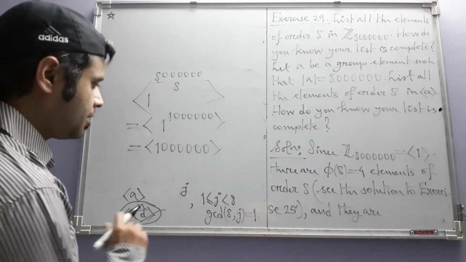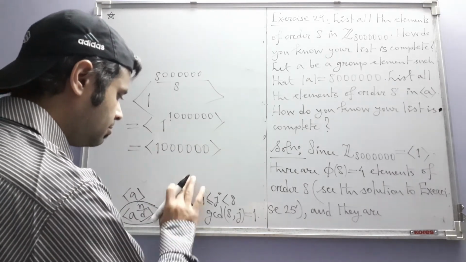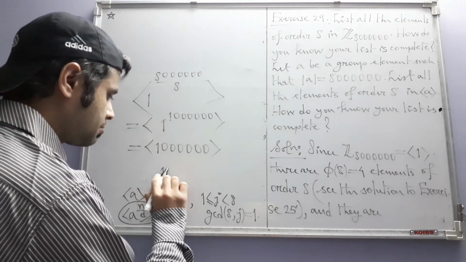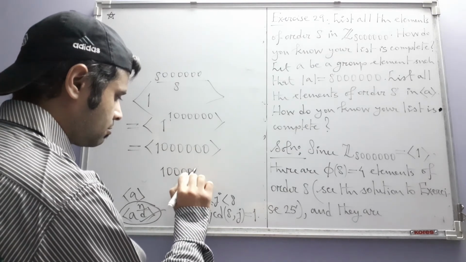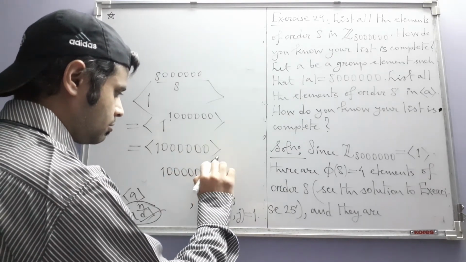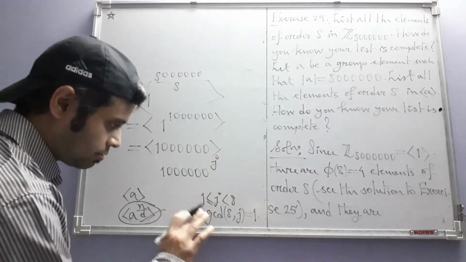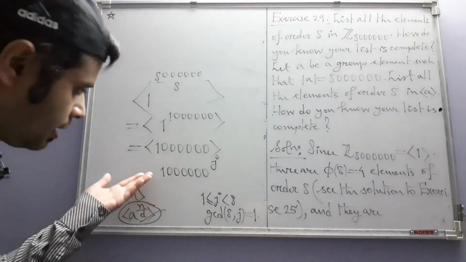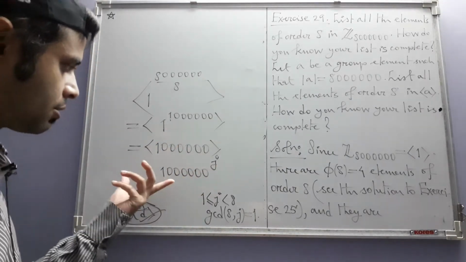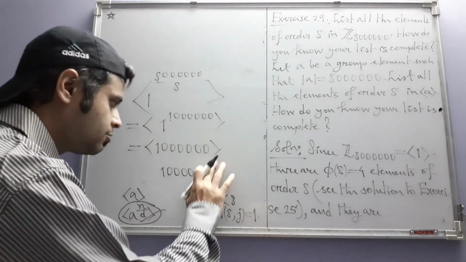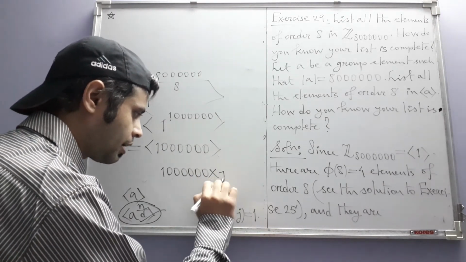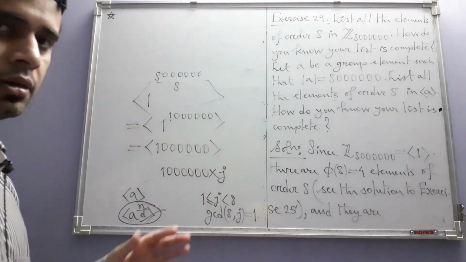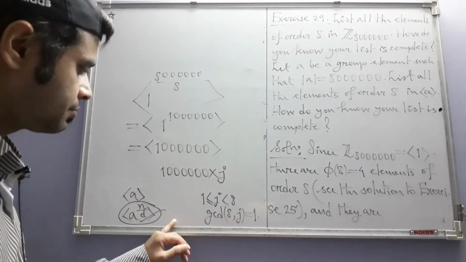This is where elements of order 8 will appear. But what type of elements? Namely, those elements for which we have this. And here again, this power does not mean ordinary power, but actually it means this times j, because we are in an additive group.